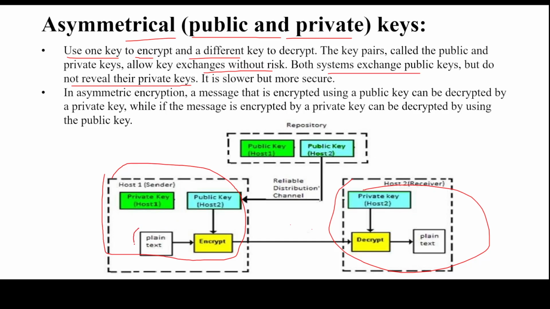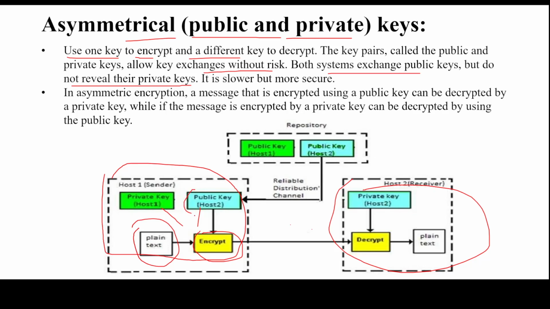So as we know, we have, for example, plain text or original message which is shared with another party. On that particular plain text, we are applying the encryption algorithm, and we are using some keys for encrypting that message. Fine. So here in this case, either private key or public key can be used. Okay, any key we can use.